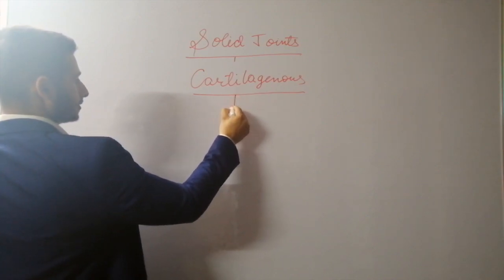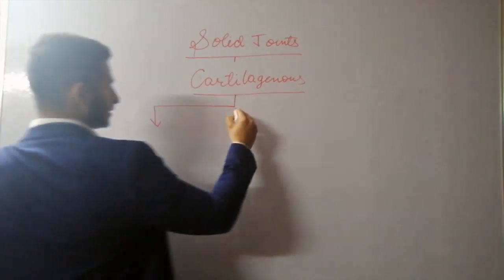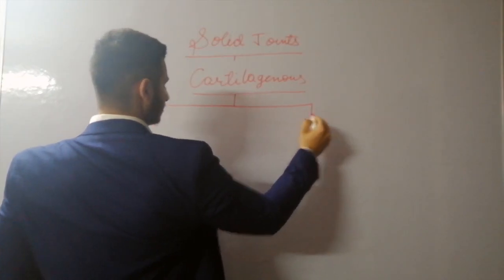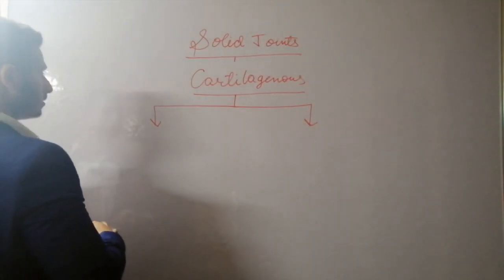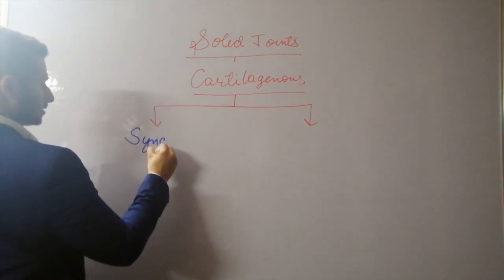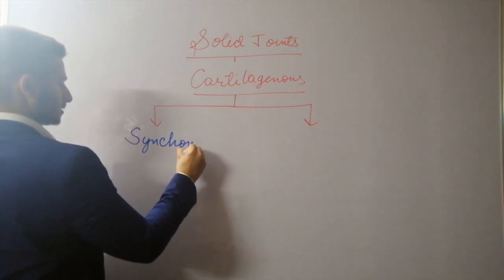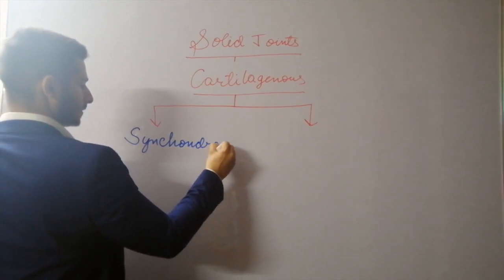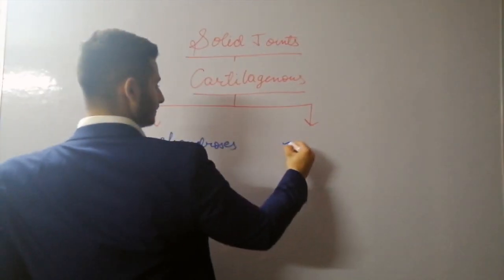These joints further have two subgroups, that is synchondrosis and symphysis.